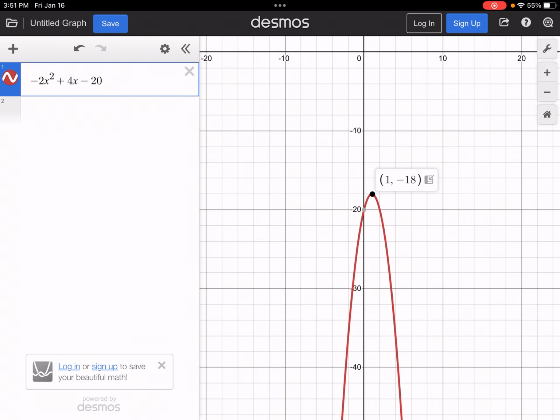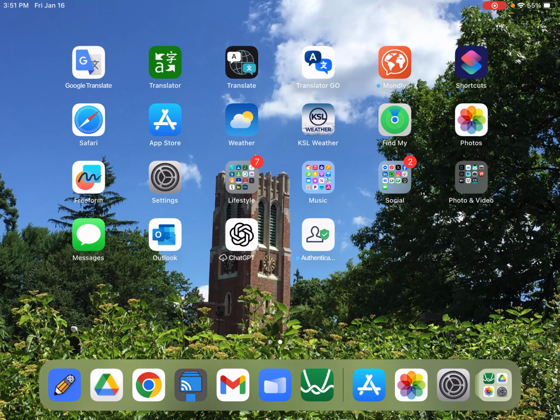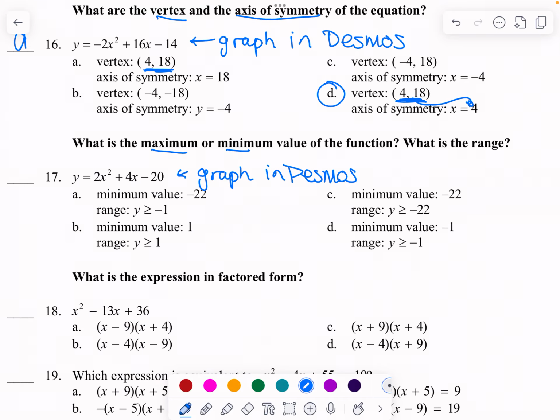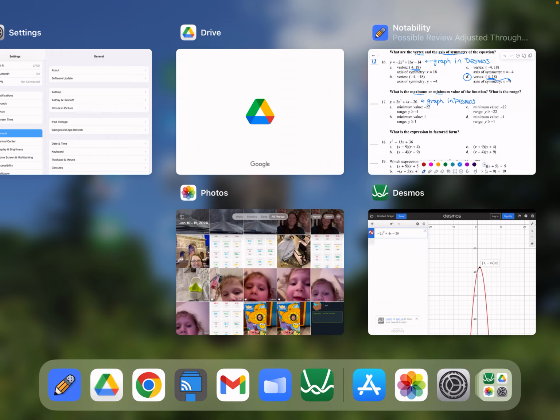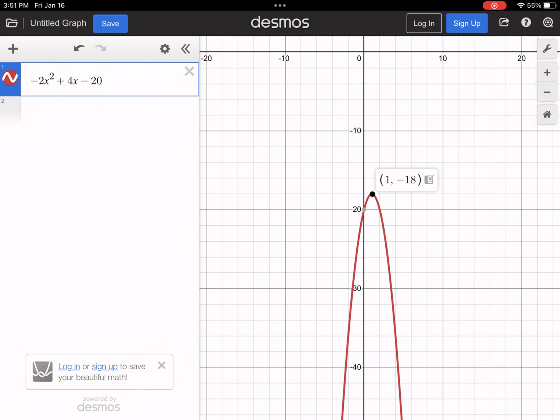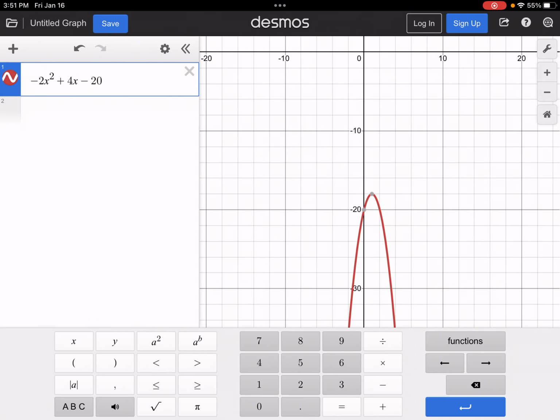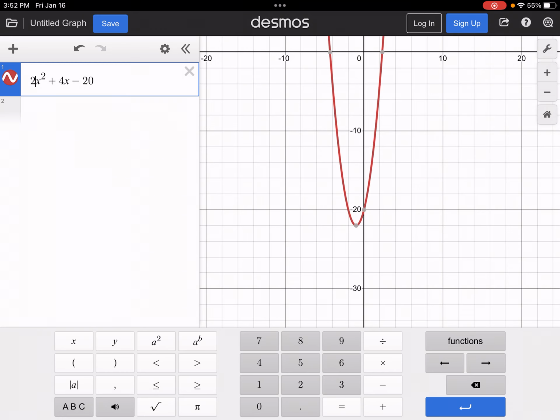So when I graphed in Desmos, I found the vertex was, what was it? I think something's wrong. Oh, it's because it's not a negative. Psych. It's 2x squared. Okay, that makes more sense. So it's not the y-intercept, it's the minimum value. So it's negative 22, and it goes up from there.